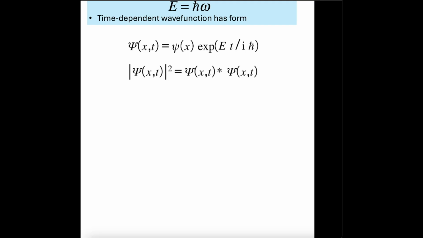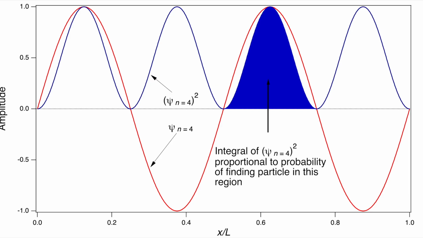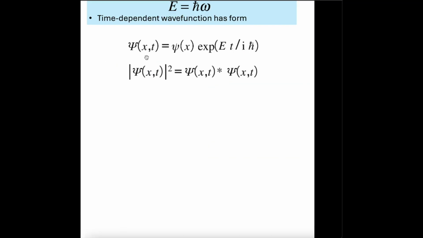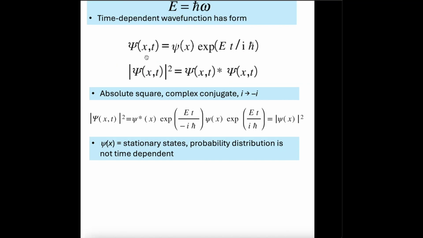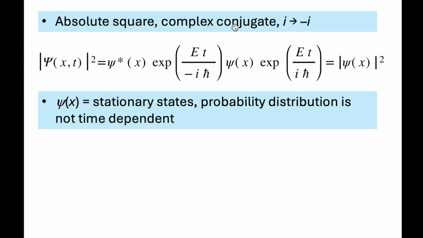But we know that it's the absolute square of the wave function that gives us the probability distribution. So what happens if we take the absolute square of the time-dependent wave function? To take that, we've got to take the complex conjugate, that is all i's go to minus i, you change the sign on all the imaginary terms.